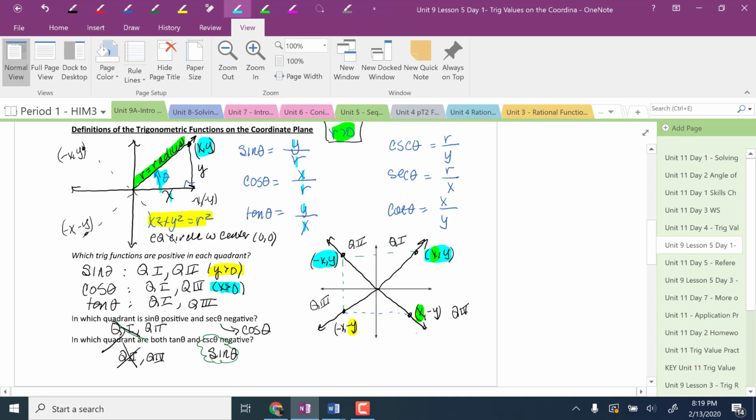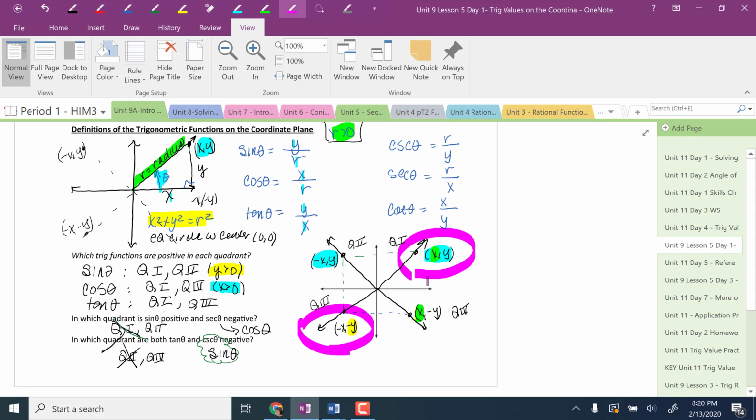It's the x and y's sign that drives the sign of the ratio, because the radius is always positive. And then our tangent is positive in quadrants 1 and 3 because those are the quadrants in which the sign of both the x and the y coordinate match.